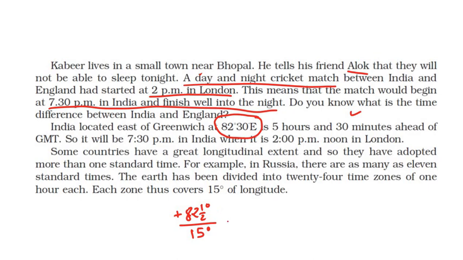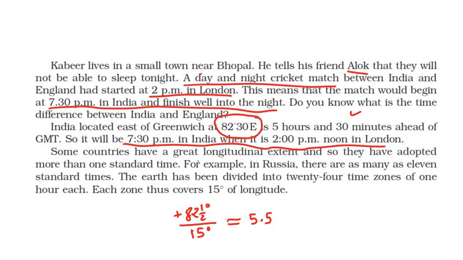So if you do the division, you see the answer is 5.5. So this tells you it is 5 hours 30 minutes. Okay, fine. So this is how we explain that it will be 7:30 p.m. in India when it is 2 p.m.